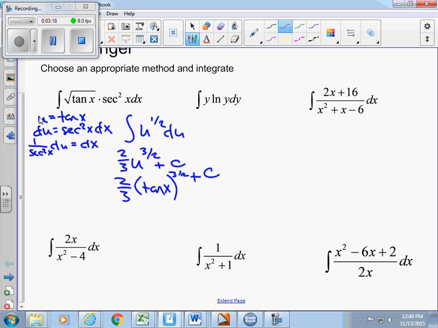Okay, y, natural log of y, parts. So what would you call dv? Y. Oh yes, dv is y, and u is natural log of y. Sorry, I wrote it. Du would be 1 over y.